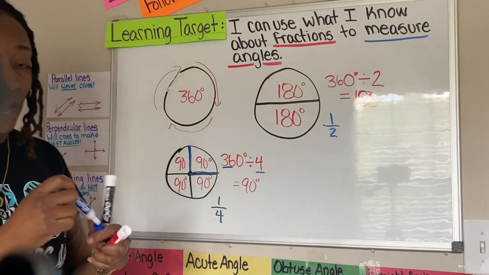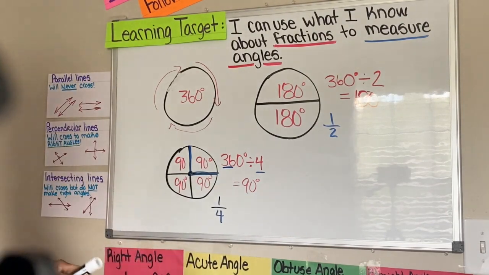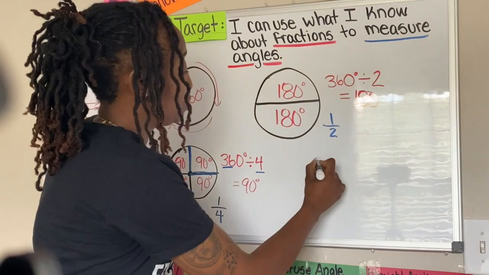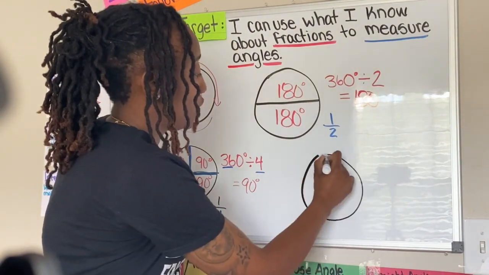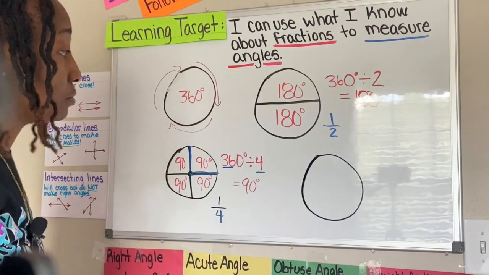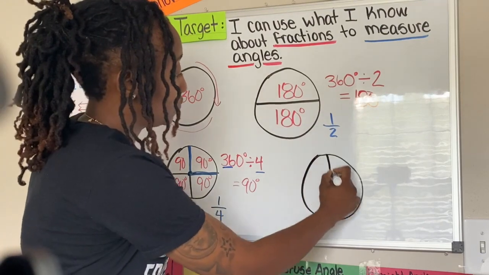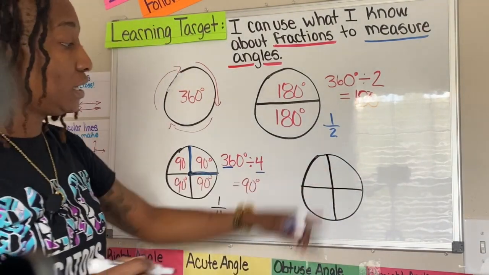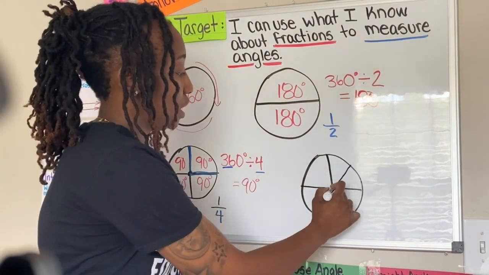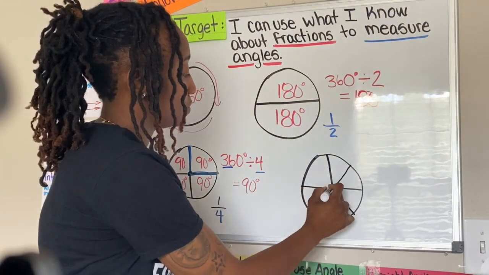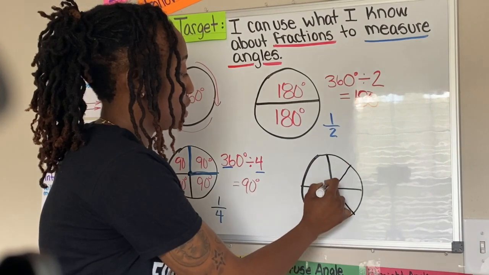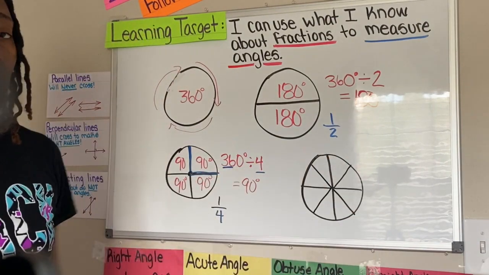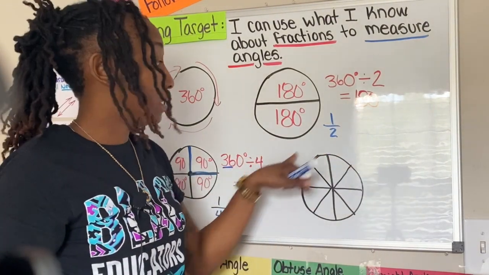In our last and final, we're going to partition this circle into eighths. A quick, easy way that always helps me when I'm partitioning into eighths is to start with my original fourths, and then take each of my fourths and split those into 2. That way it creates the circle partitioned into eighths.